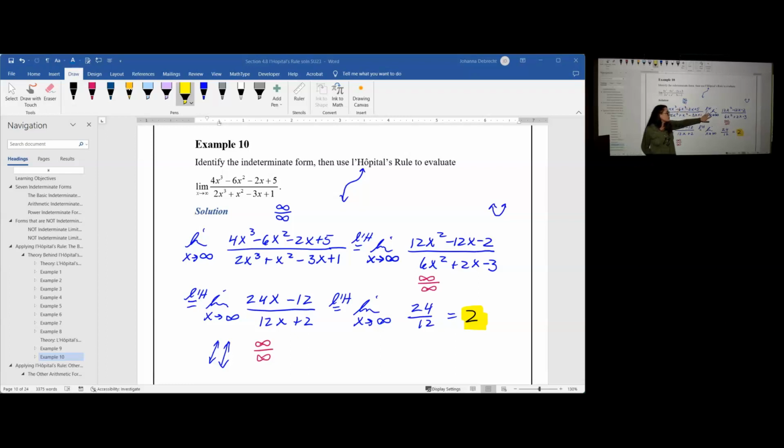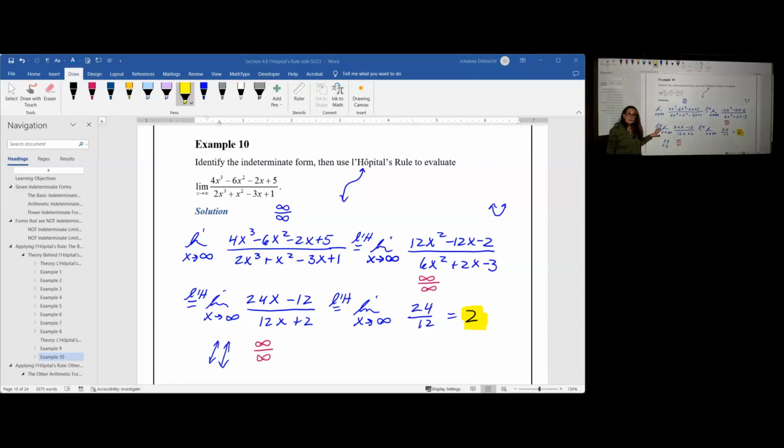You can apply L'Hopital's rule, which produces a quadratic in both the numerator and denominator, both with positive leading coefficients. But again, we know that quadratics that have positive leading coefficients go to positive infinity on the right as x goes to infinity. So we have the form infinity over infinity again.